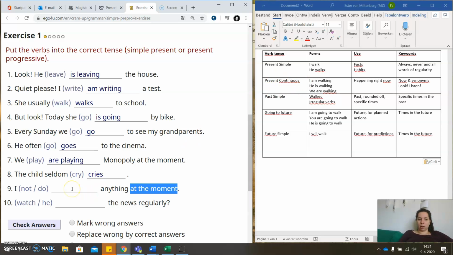That would mean that usually, if the not hadn't been there, I would have written something like I am doing, because that would be the present continuous of to do for the I form. Now, however, I need to add the word not, and when I do that and I see that my finite verb is am, I can just simply add not right there.